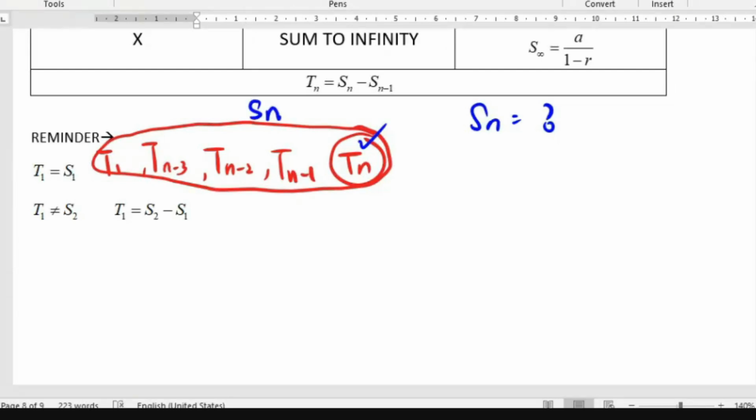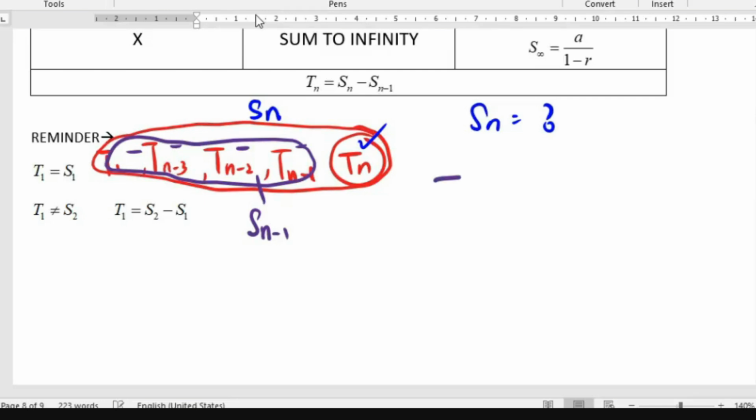For the n-th term, I will minus off this, minus this, minus this, minus this. So together, actually this one together is the sum to the n minus 1 term. So when I want to get Tn, I can use Sn minus Sn minus 1.